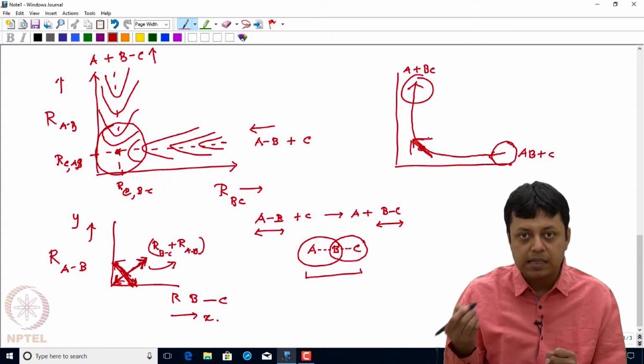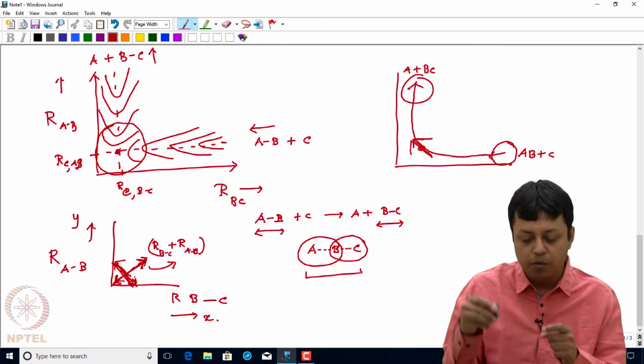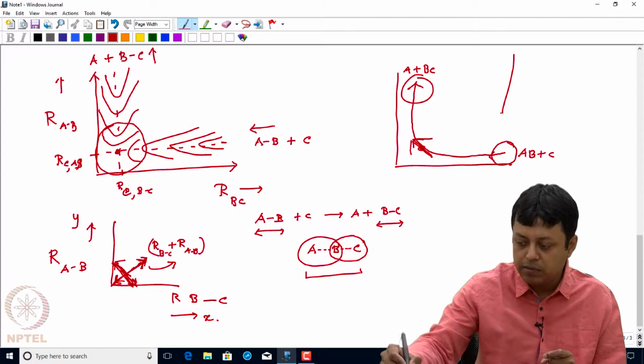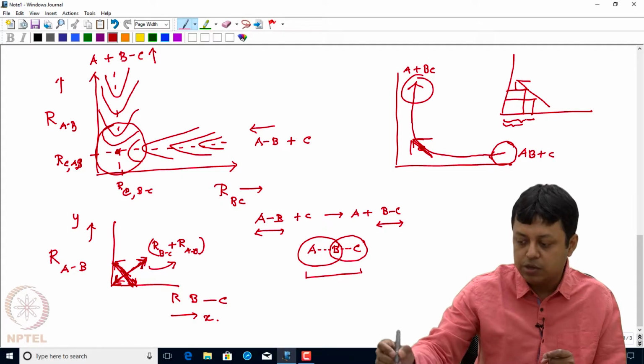That's an asymmetric coordinate. Why? Because if I keep on moving along like this, this distance is shortening, but this distance is increasing.